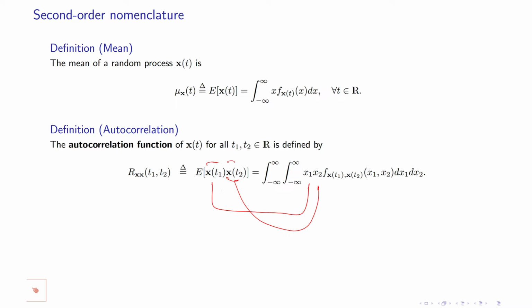So these two random variables are X(t1), X(t2), the joint PDF of them, and then you integrate them. So anytime you want to calculate the expected value of something, you need the value that this something takes on and the distribution of these entities. So the joint distribution of this one comes here. And because we have two random variables, we need to perform two integrals. Remember that one of the integrals is with respect to x1, and the second one is with respect to x2.